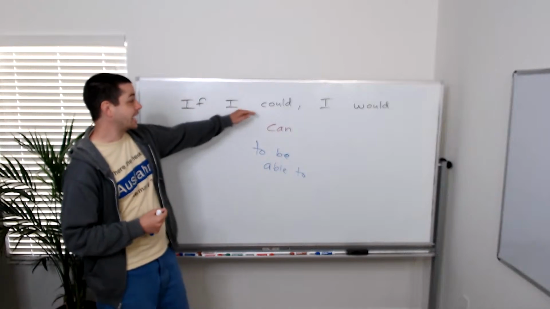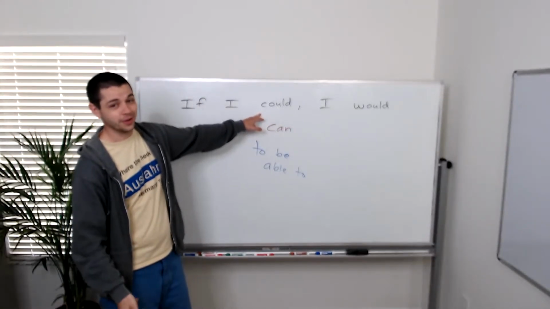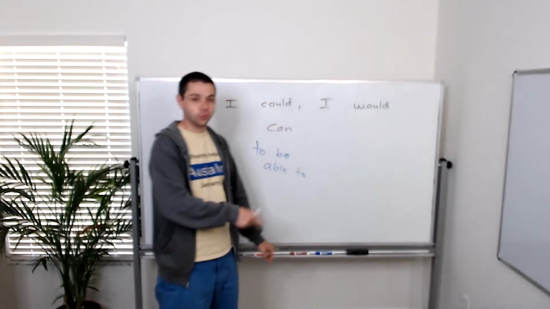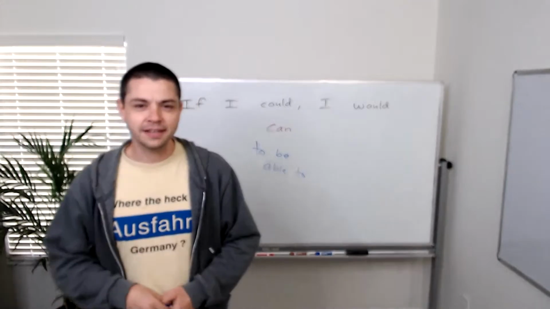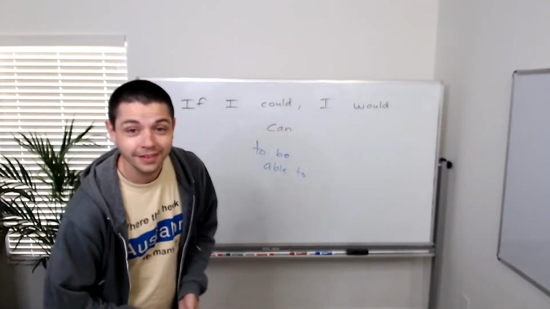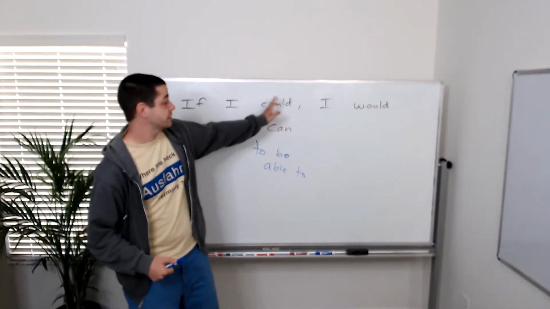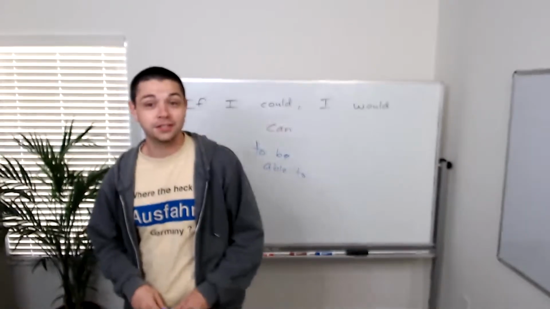So if I would be able to help you with this question, I would help you with this question. Right? So someone might say, Kris, can you fly? And I would say, if I could, I would.